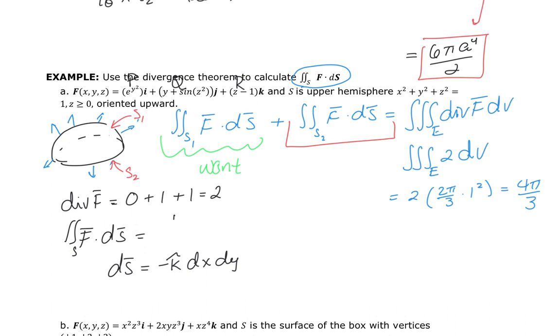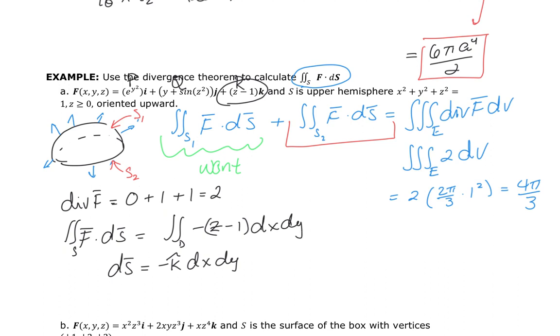So this is equal to the double integral over this disk D of negative, so what's the last thing? Oh, this is the thing that I get. The only thing I have in the k direction, when I do the dot product, is going to be the negative k and this, so it's just going to be negative z minus 1, and then dx dy.